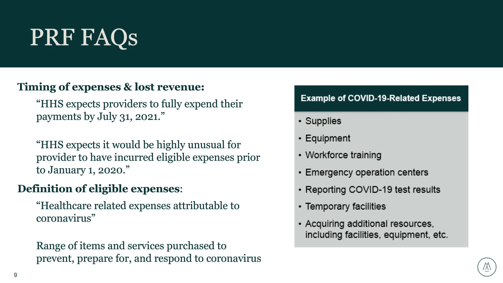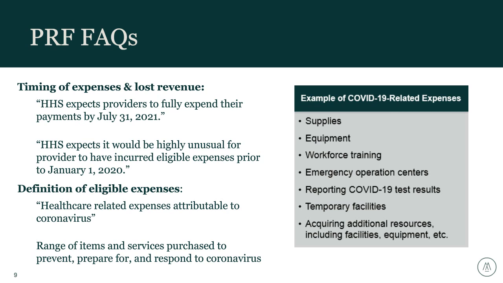Or you could compare prior year, or I've seen some organizations look at the average over the prior 3 years versus 2020 actual. So we'll see when we get the detailed reporting specifications if there's a little bit more specificity on how you must calculate lost revenue. But for now, I think you want to start doing that calculation.